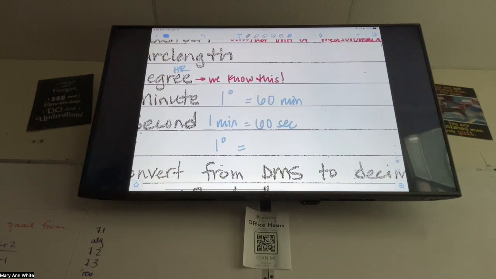It's a lot. It's not just 60 times 2, it's going to be 60 times 60, which is 3,600. Those are measurements that we're going to have to know.